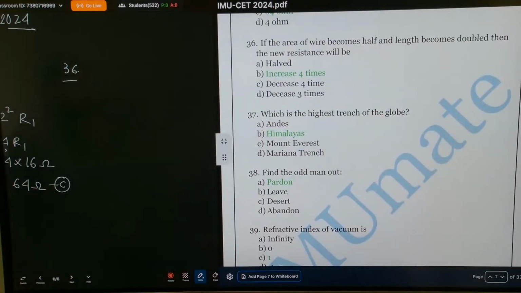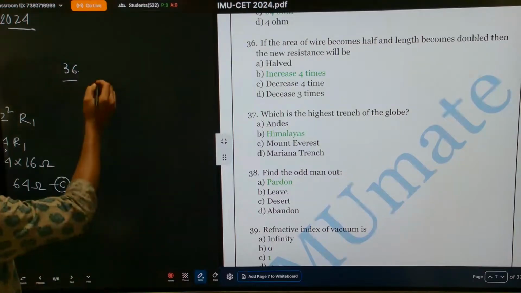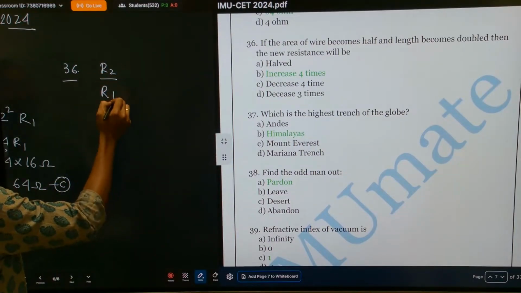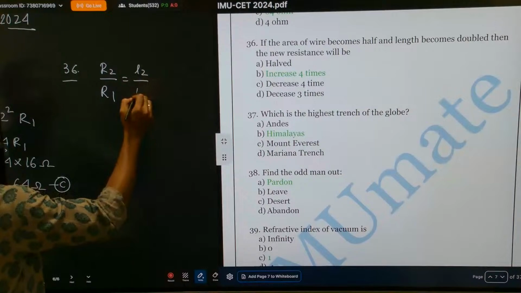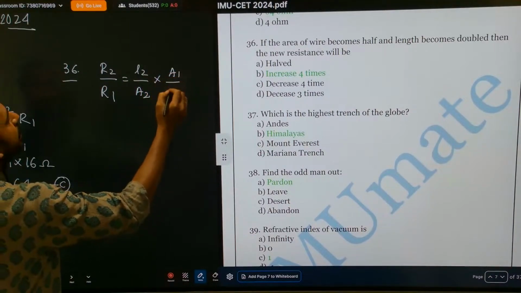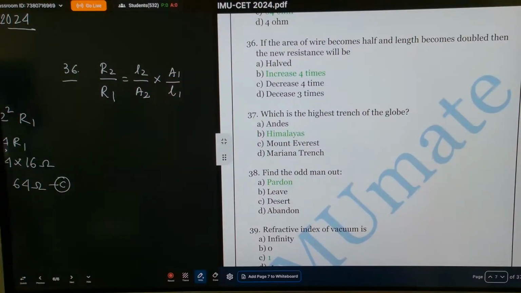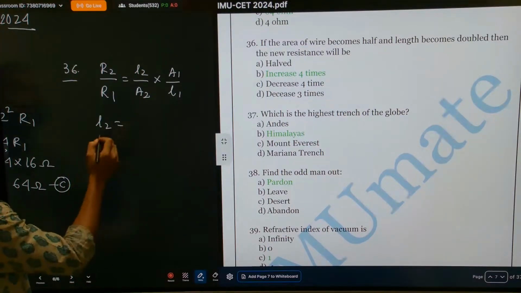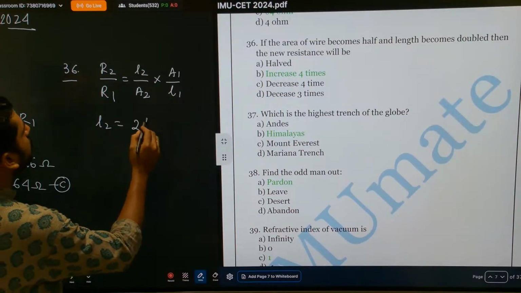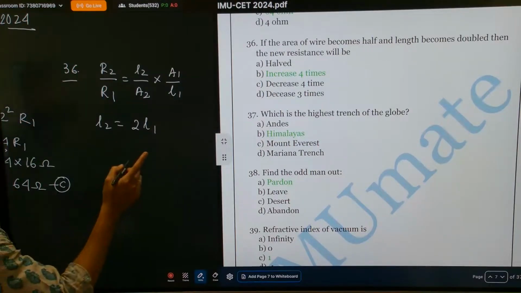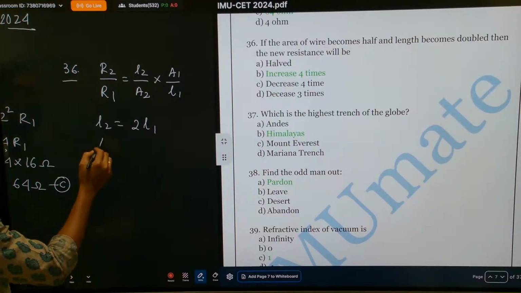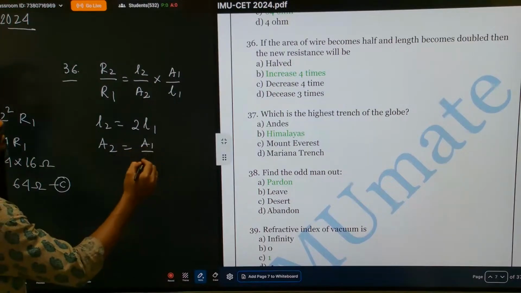The area of a wire becomes half and length becomes doubled. What was the formula? R2 by R1 equals L2 by A2 into A1 by L1. Very familiar formula. Same material. So L2 is length becoming double, means 2L1, and area becomes half, it would be A1 by 2.